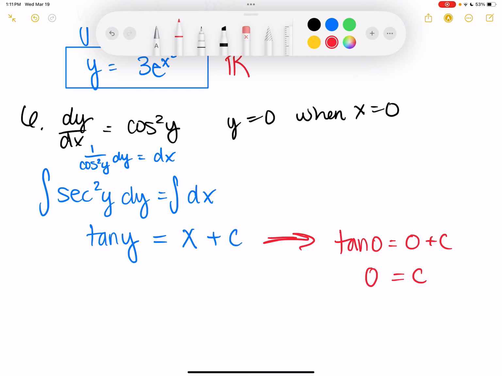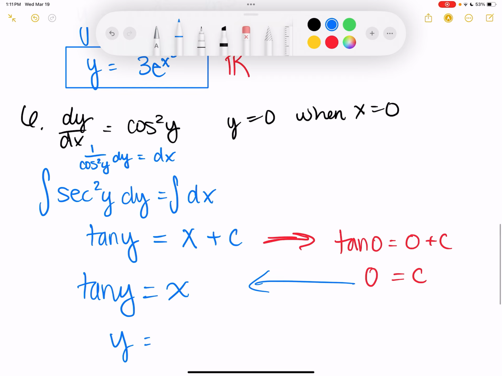Since I know c is 0, I can just disregard it. So tangent of y equals x. So now, how do I get y by itself? Y equals the inverse tan of x.